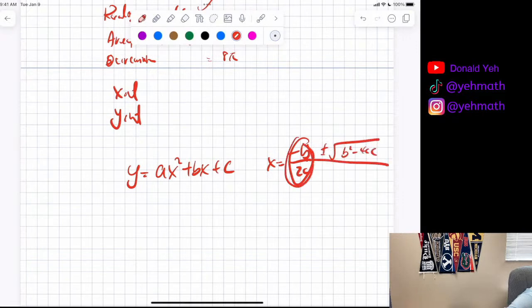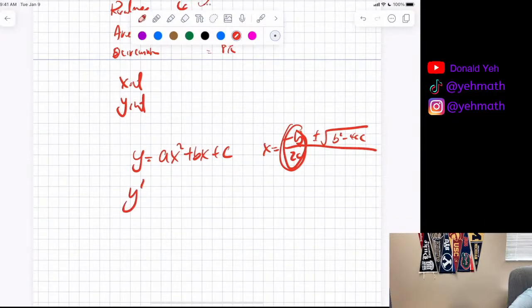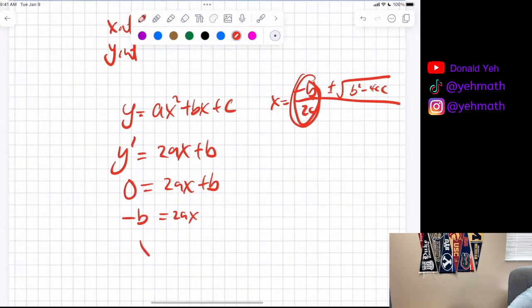That is where your axis of symmetry is. But it turns out, if you know your calculus, you can take the derivative of this, which is 2ax plus b, and set it equal to 0. And you get 2ax equals negative b, so x equals negative b over 2a.